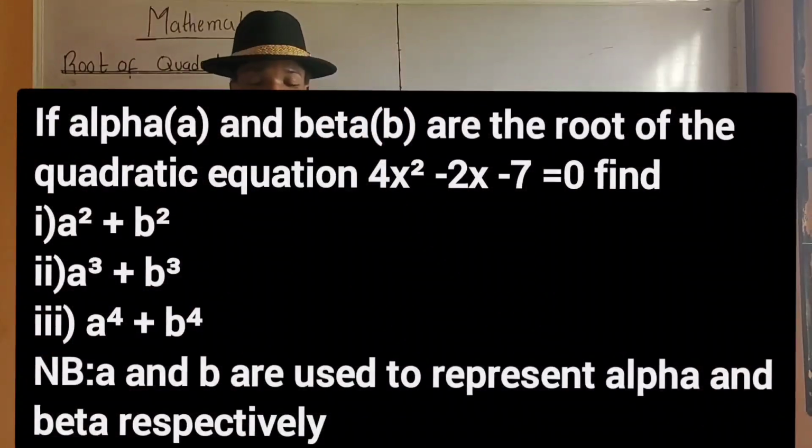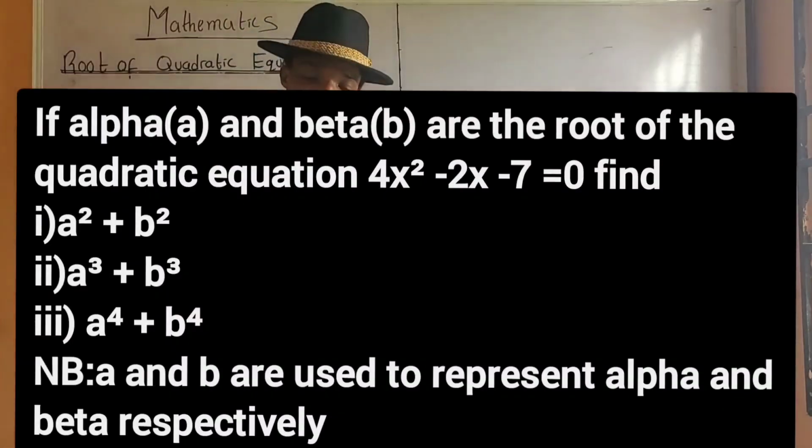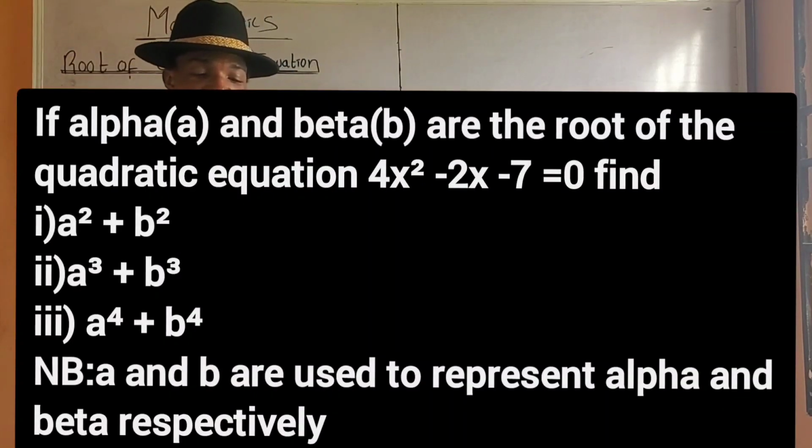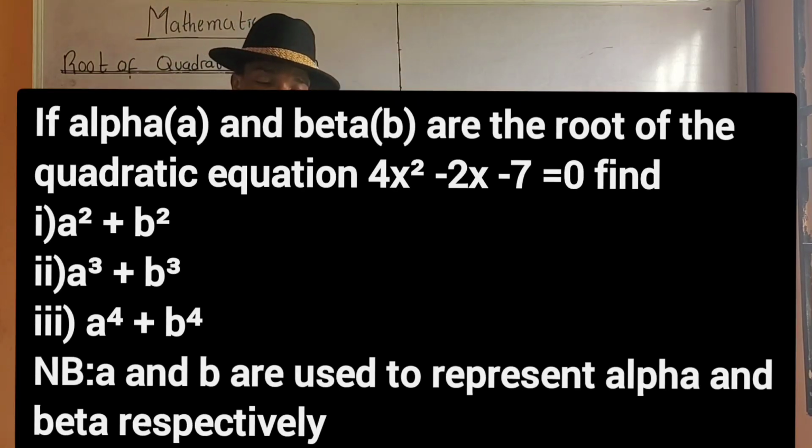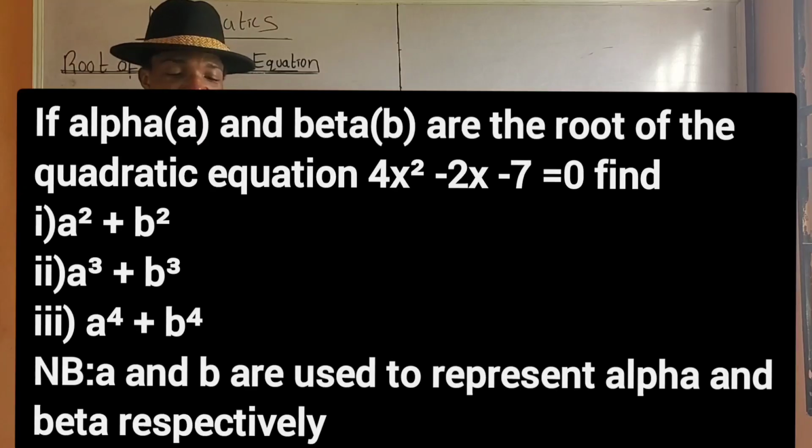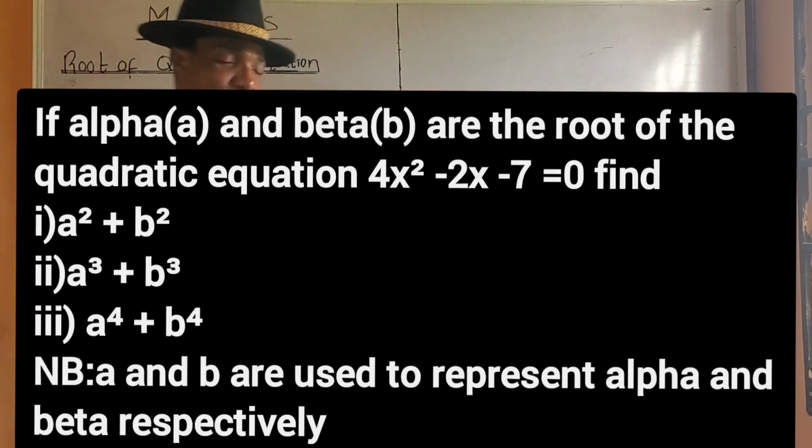If alpha and beta are the roots of quadratic equation 4x squared minus 2x minus 7 equals 0, find the value of alpha squared plus beta squared, alpha cubed plus beta cubed, alpha raised to the power of 4 plus beta raised to the power of 4. Okay, please pay attention.